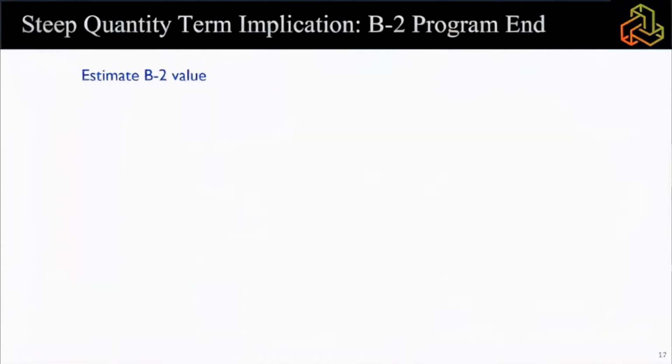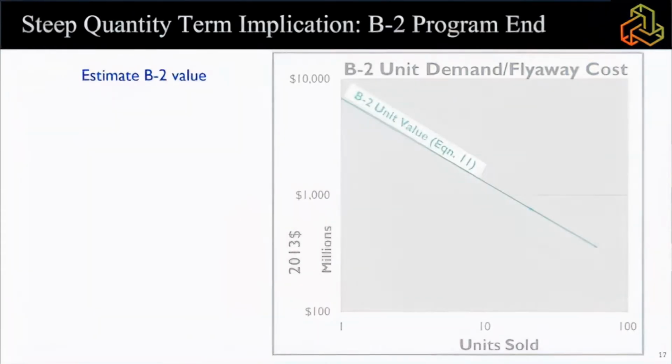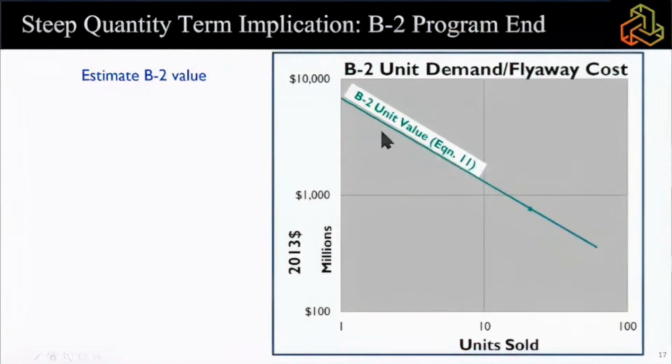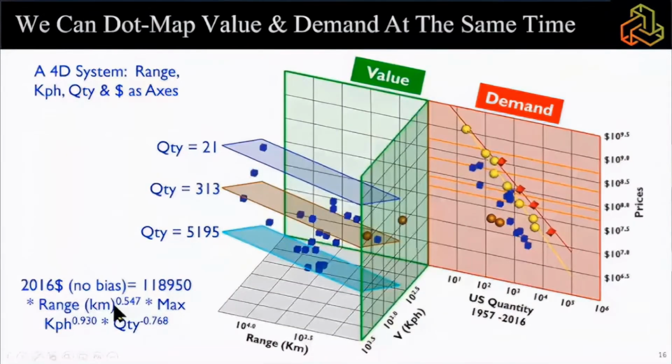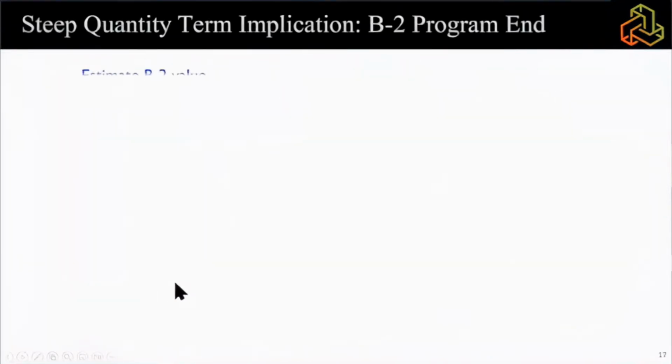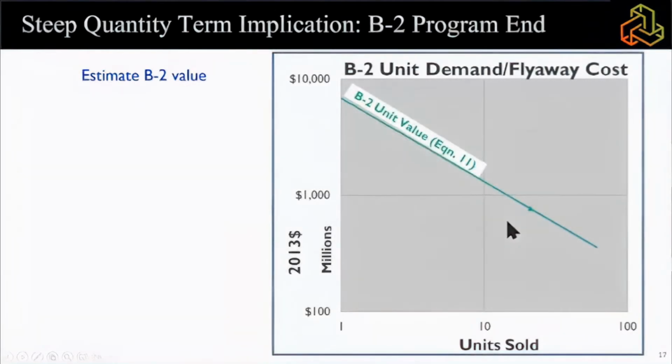So the implication of that steep curve is that here's the value equation. If we were to plug in the range again, the max speed and the quantity, and then vary the quantities here. So we plug in the range and the speed into what the B2 had here.